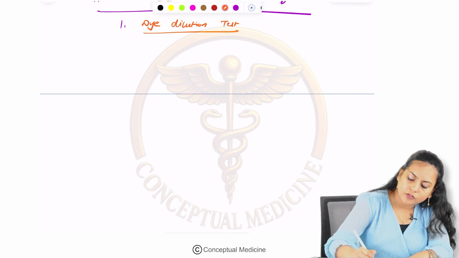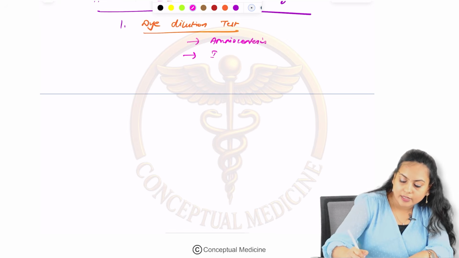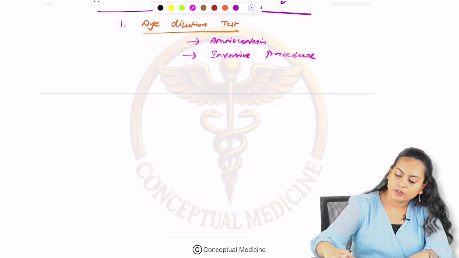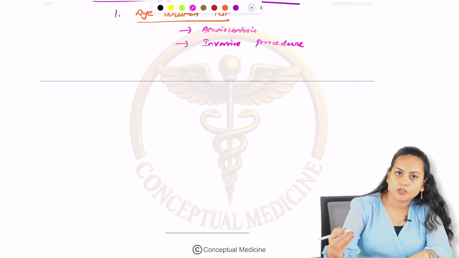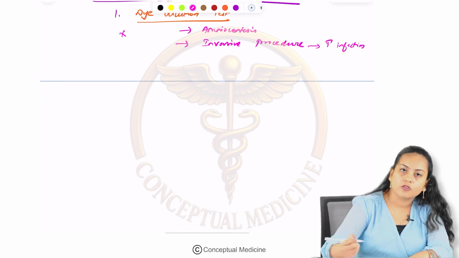But the disadvantage of this test is it needs amniocentesis, and that becomes an invasive procedure to do, which is not possible for us to give the woman an invasive procedure every time, and this will increase the chances of infection in her. So, this is not routinely used.